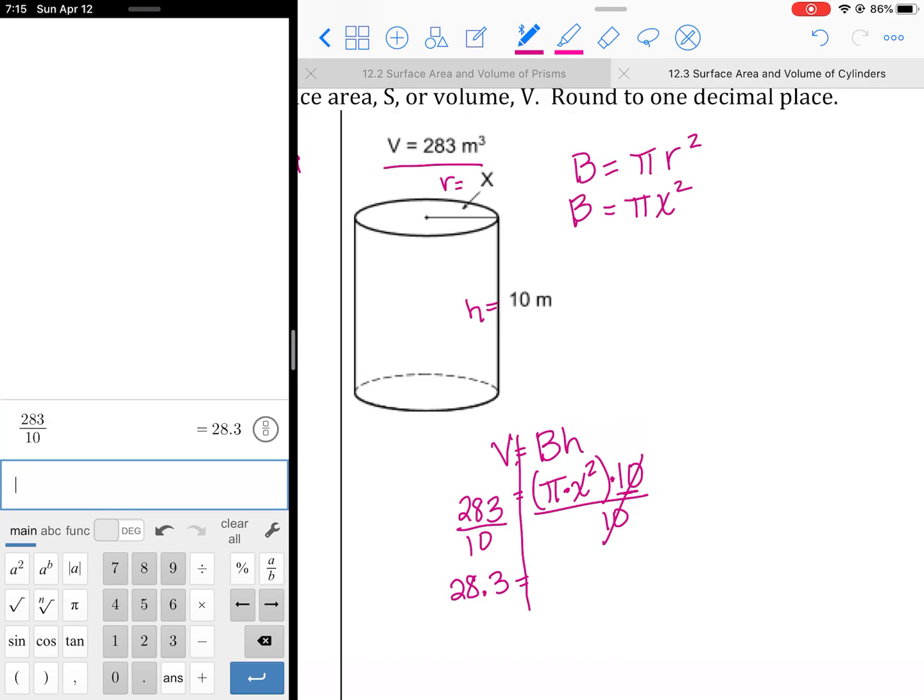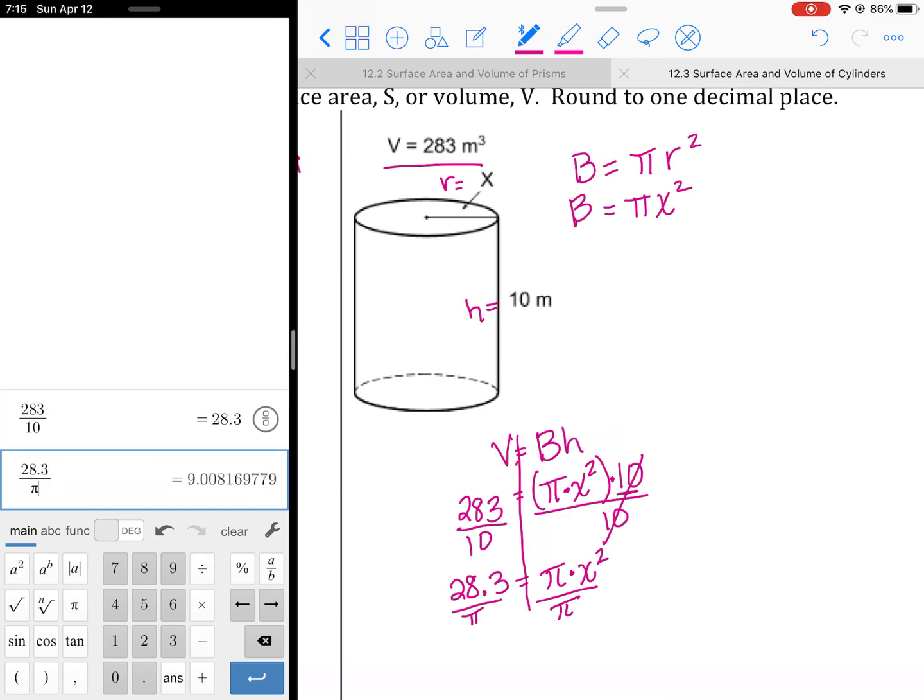And now all I'm left with is pi times x squared. Pi is still a number, so I'm going to divide both sides by pi next. So I have 28.3, and I'm going to divide it by the pi button. And if I go to 1 decimal place, this would be 9.0.